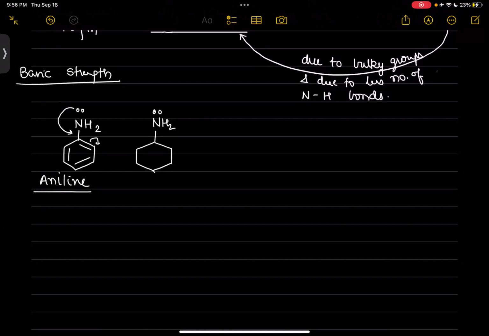Look what has happened in aniline. The lone pair, I should say, is delocalized. This lone pair will form a double bond with the benzene ring.